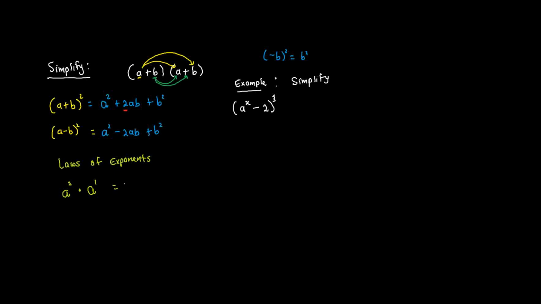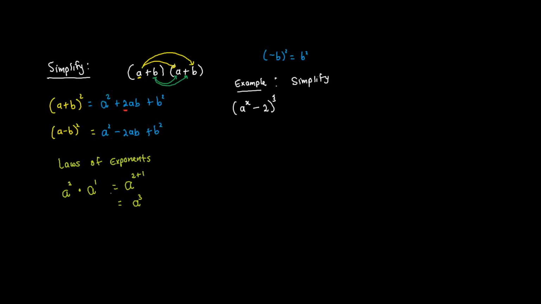According to the first law of exponents, I keep the common base, which is a, and I add the exponents together, which gives me a cubed. So a cubed is equal to a squared times a raised to the power of 1.